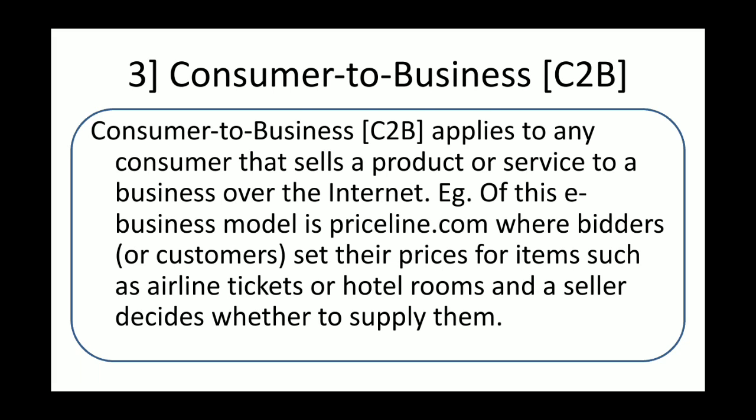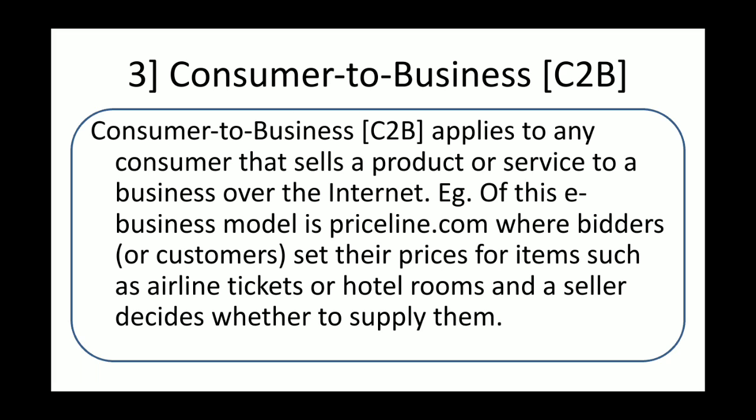Next one is consumer to business. Here it applies to any consumer that sells a product or service to a business over the internet. An example of this e-business model is Priceline.com, where bidders set their prices for items such as airline tickets or hotel rooms, and a seller decides whether to supply them. Here it is different, consumer to business.